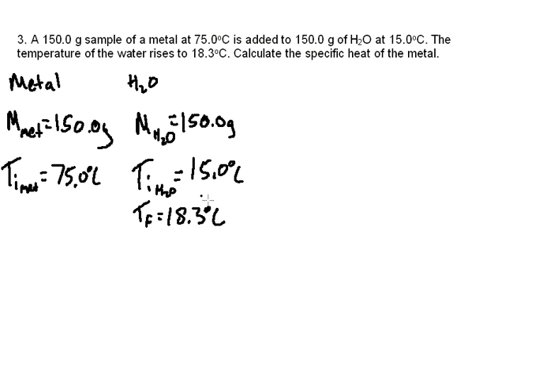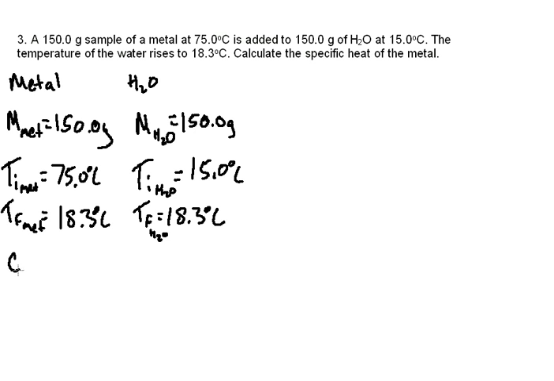This water is not going to rise any higher than the temperature of our metal, and our metal is not going to sink to any temperature colder than the temperature of our water. So our final temperature of the water is also the final temperature of our metal, TF metal. That is to say, if the water were colder than the metal at the final temperature, the metal would still be losing heat to it, which would cause the water's temperature to go up and the temperature of our metal to go down. So at our final temperatures, the water and the metal have the same temperature.